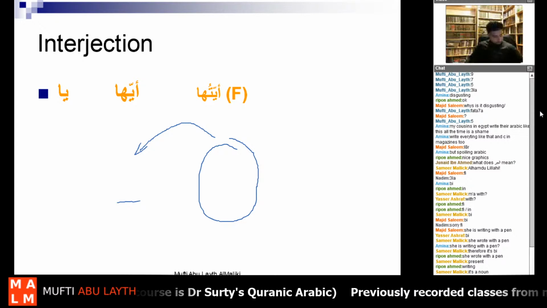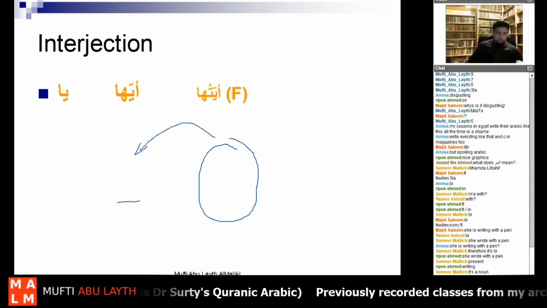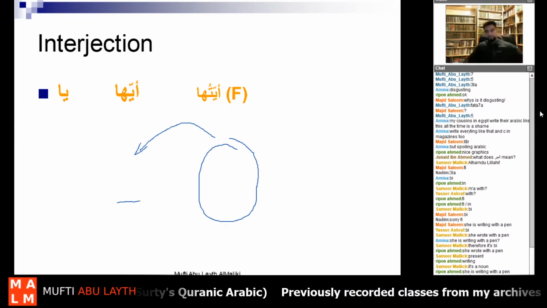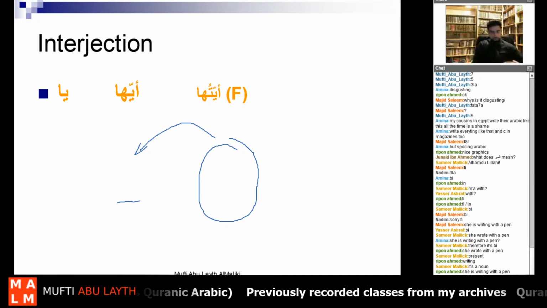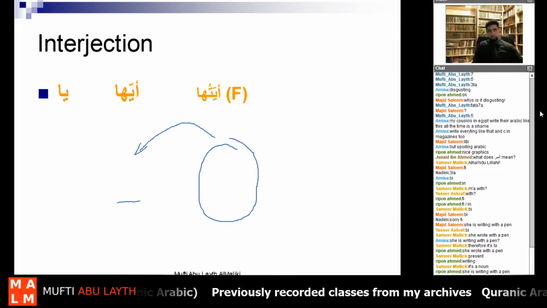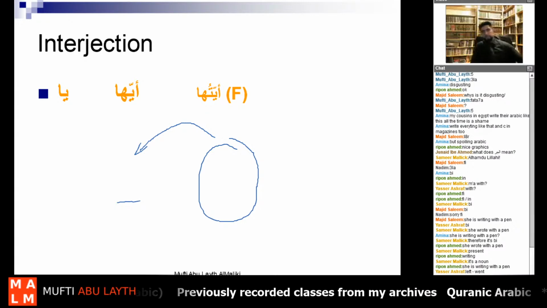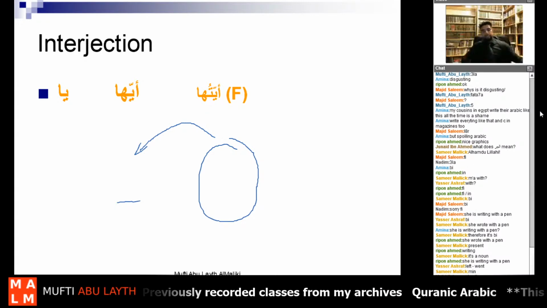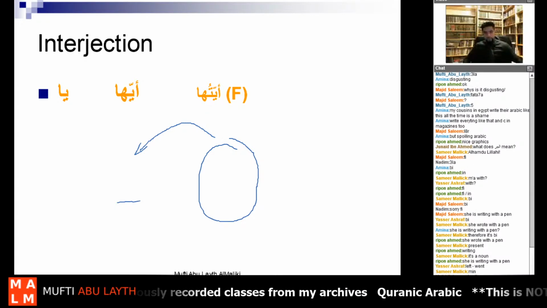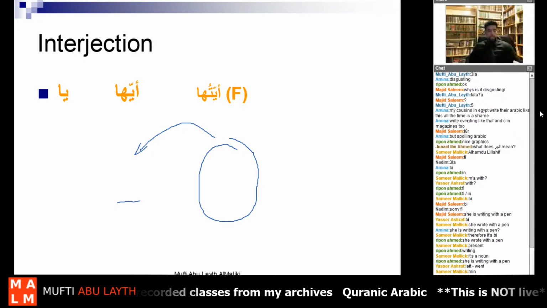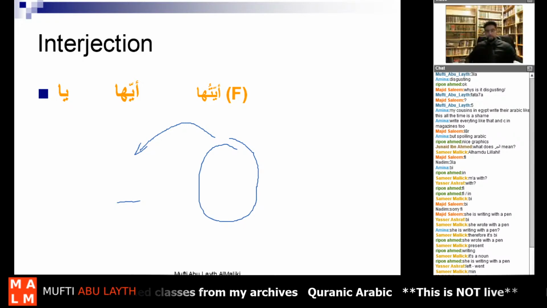Left, went, now that's correct. Min, good. First one, min, that's correct. Ila, ahsant. So, dhahabtu min al-bayti ila al-masjidi.